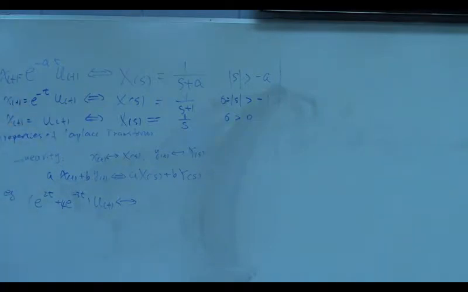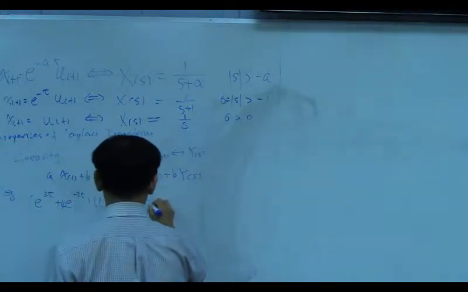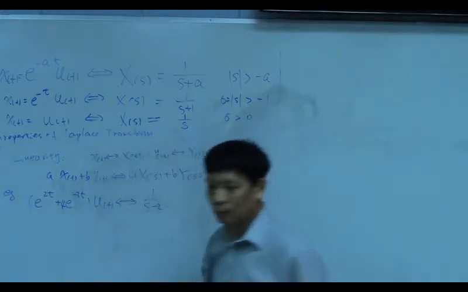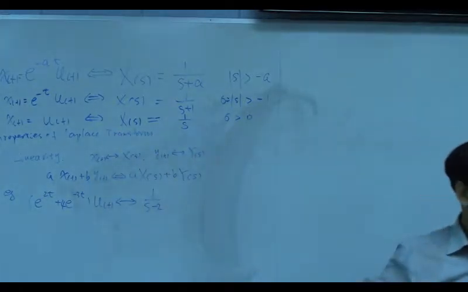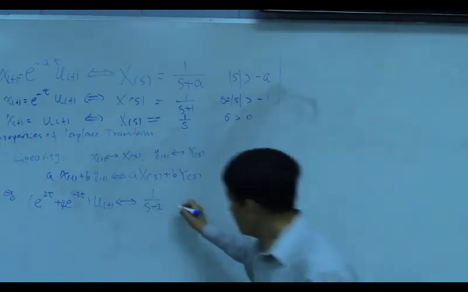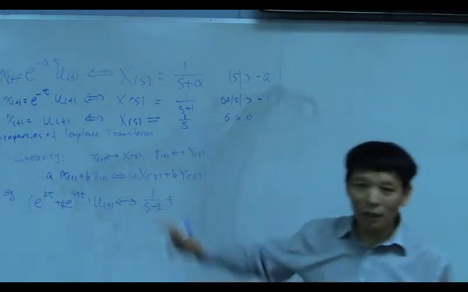What's the first part? 1 over s plus 2, minus 2? Minus 2. Minus 2, okay. So 1 over s minus 2. So that's the first part. It's good, right? Very simple. All right, what's the second one? Linear property.